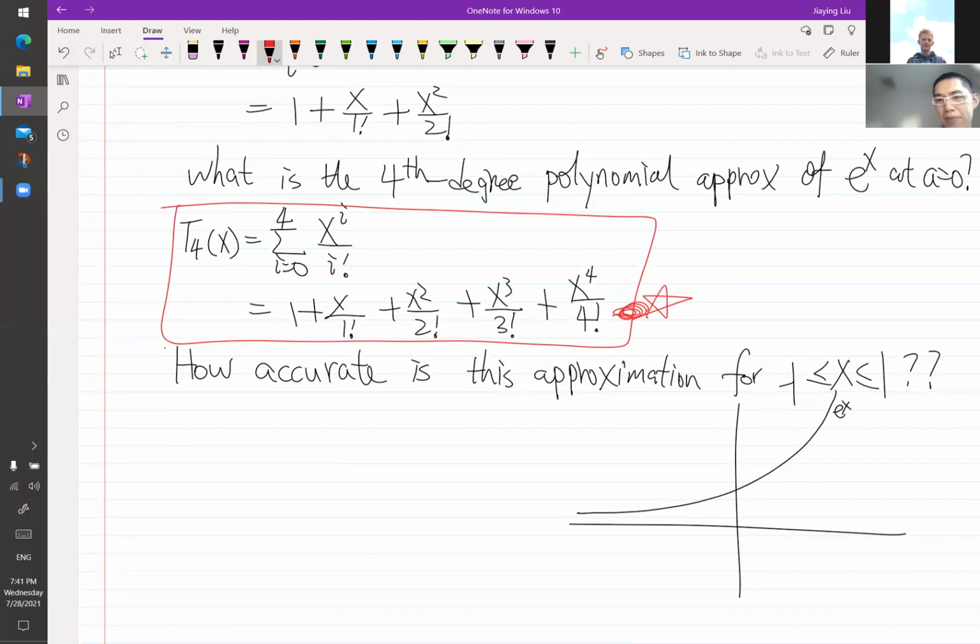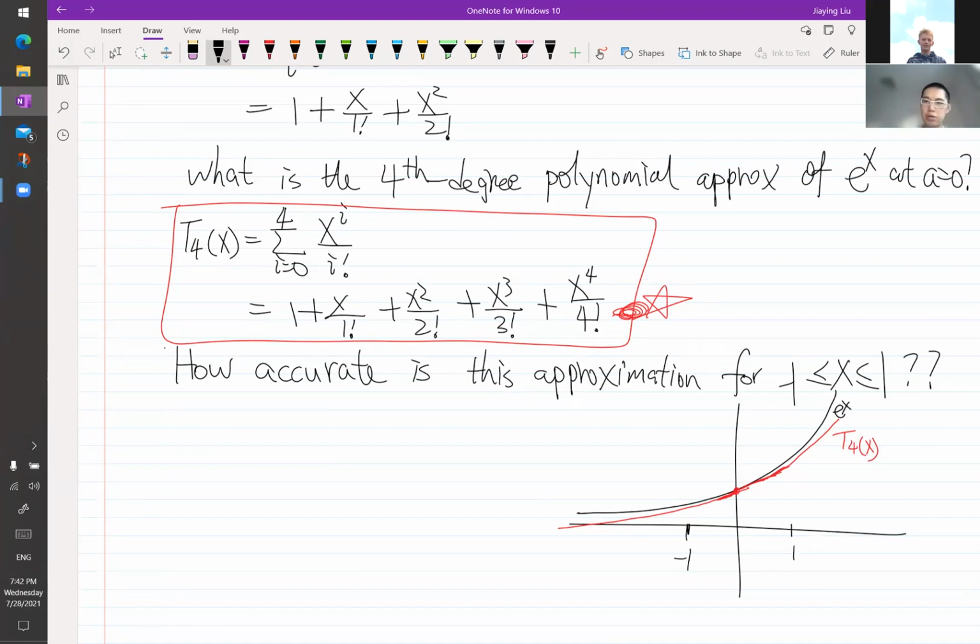At x equals 0, we get 1, just like e to the x, but you might have a curve that looks like this. Oops, I'm not drawing it accurately. You might have a curve that's red. This one is the T4, the fourth degree polynomial approximation of e to the x. And this is x equals 1, and this is x equals -1.